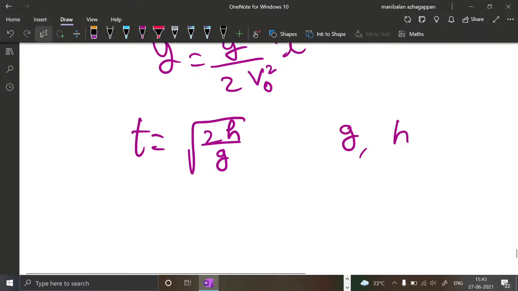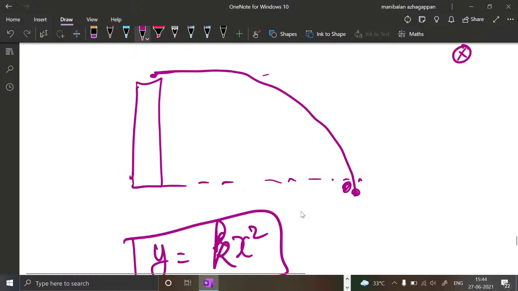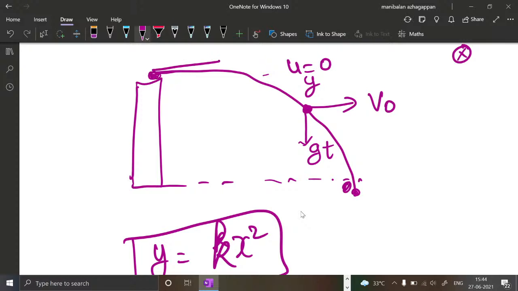The next one, velocity at a particular instant. So root of v naught square plus g square t square. How did I write this equation? Horizontal velocity is constant because there is no gravity along it. Vertical velocity will be different. It's g times t, because the initial velocity is 0 on the y-axis. When the object starts, you are given an x-axis velocity which stays constant.